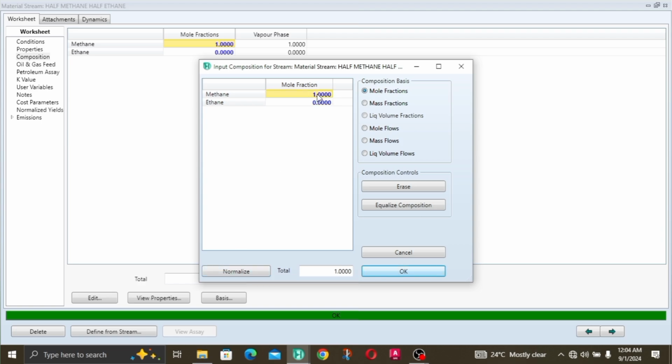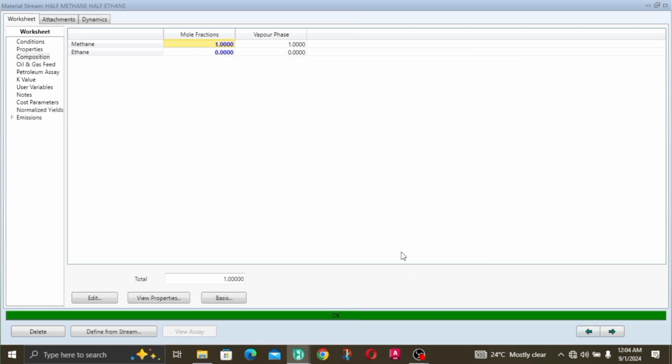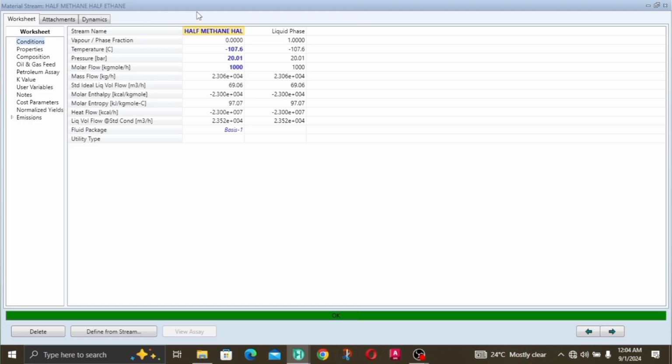Normalize. No, it doesn't work that way. 0.5 methane, 0.5 ethane. And with that, we have a total of 1, 50% methane, 50% ethane, on a mole fractions basis. Okay. And with that, we have our half methane, half ethane stream.